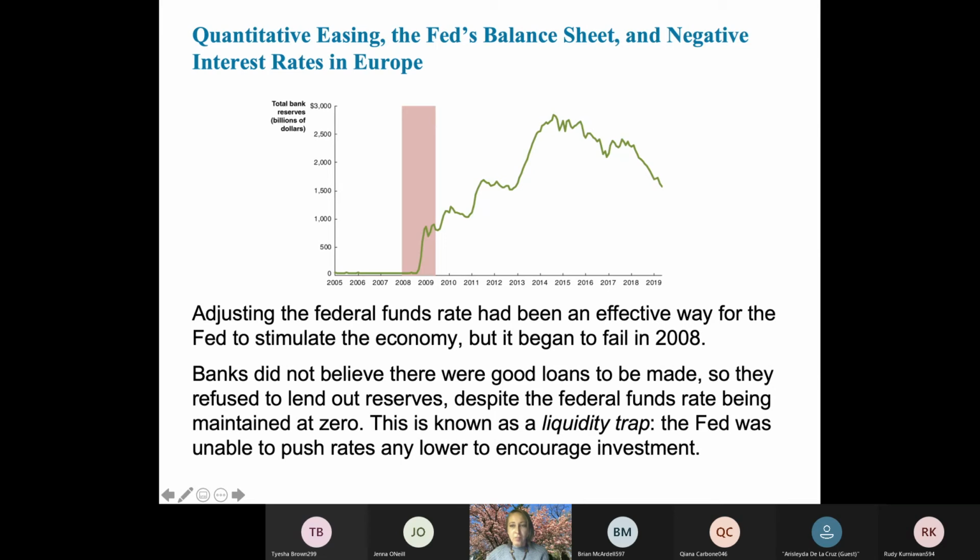And firms were reluctant to borrow funds. So what is it? Total bank reserves. The amount of reserves in the banking system increased tremendously, and they're still staying pretty high.